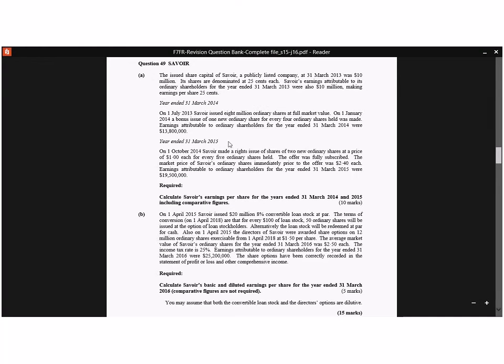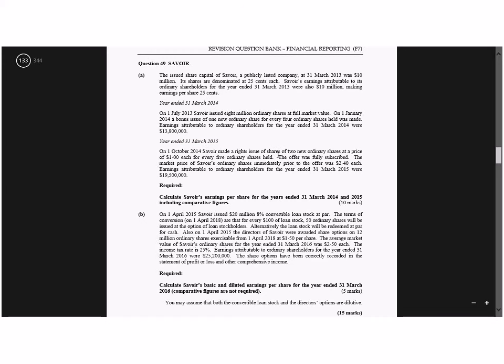I'm given the second part also, on year ended 31st of March 15. On 1st of October 14, that is 6 months from the start of the year, Sevier made a rights issue of shares of 2 new ordinary shares for every 5.